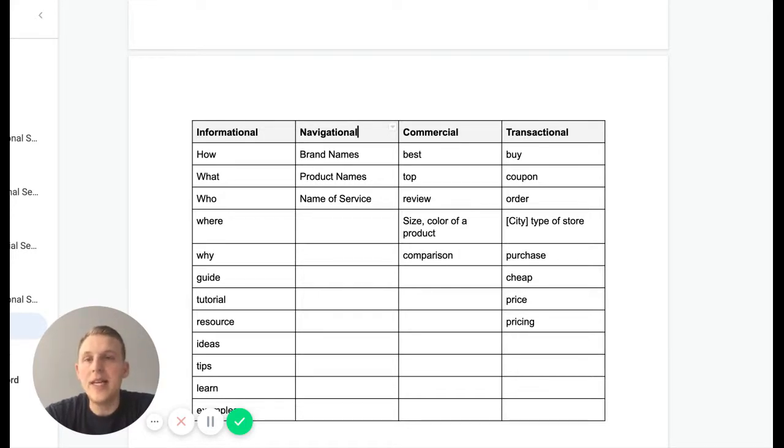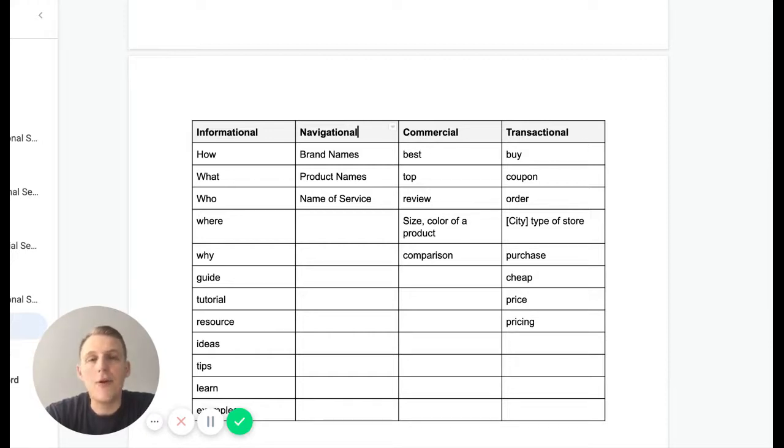If you understand the intent of different searches, you're better able to create content that answers whatever that query is trying to satisfy. There's four different types of search intent: informational, navigational, commercial, and transactional. And each one of these types of search intent signifies something different.